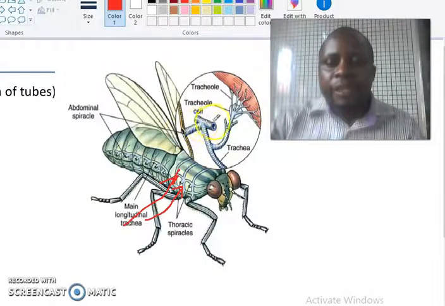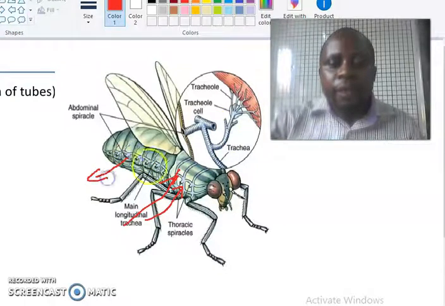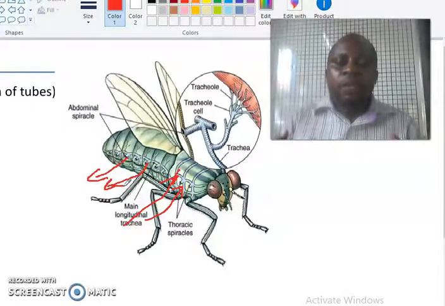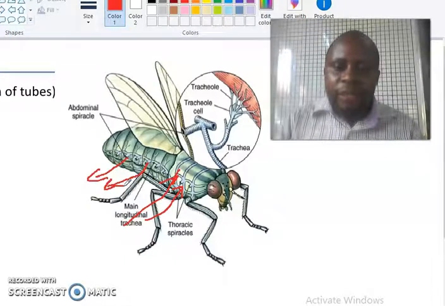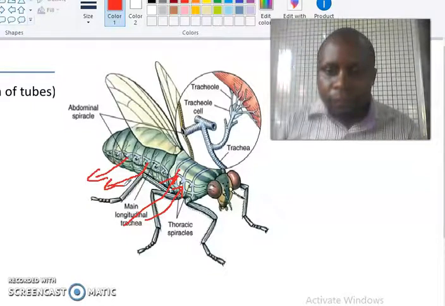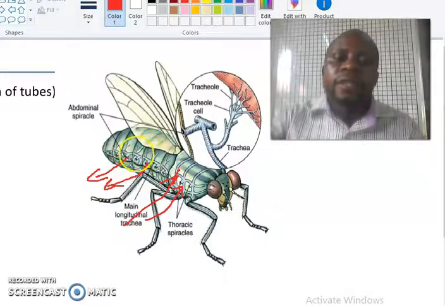When pressure increases, it forces air to be expelled through the spiracles of the abdomen. So during breathing out, the muscles of the abdomen contract and pressure increases. It forces air which is in the tracheal system to come out through the spiracles.